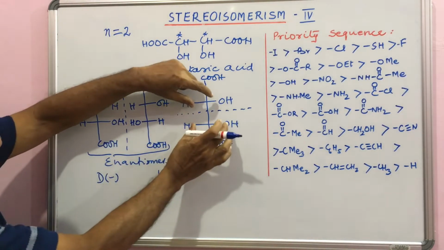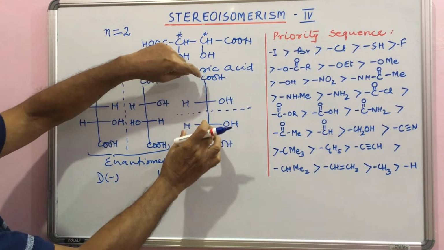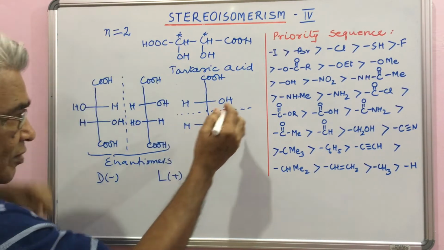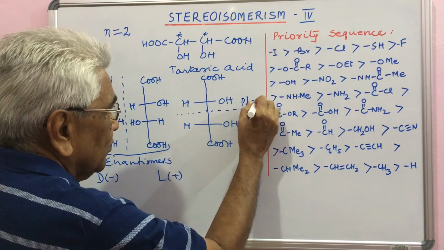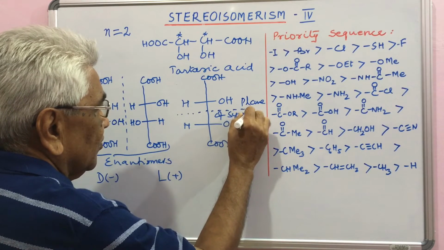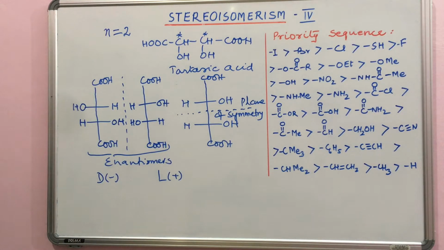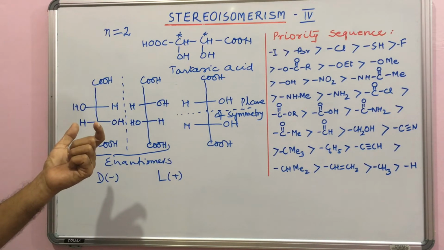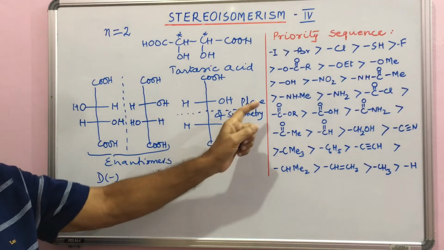That is, this portion is the mirror image of this. So this molecule becomes symmetrical. This is the plane of symmetry. This is not asymmetric, therefore we cannot have another enantiomer for this.